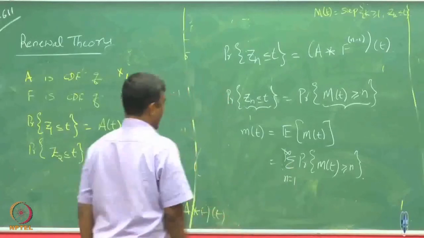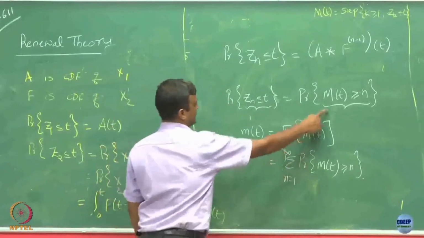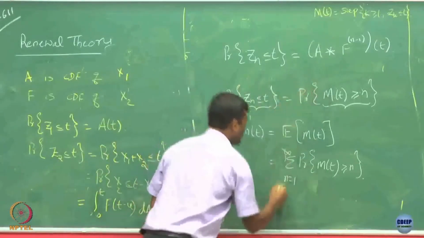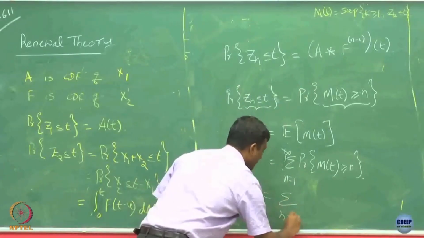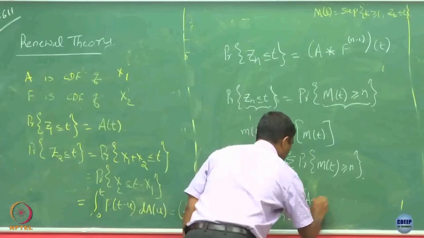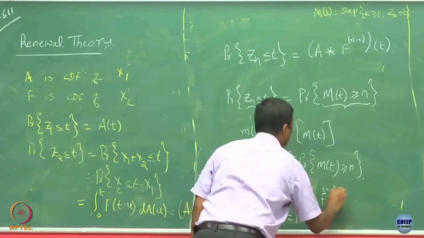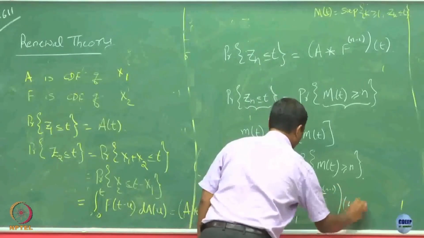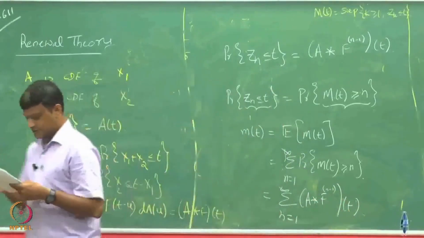Fine, so then I know this. Now going back to this relation and this relation, this is nothing but the sum over n equals 1 to infinity of this.